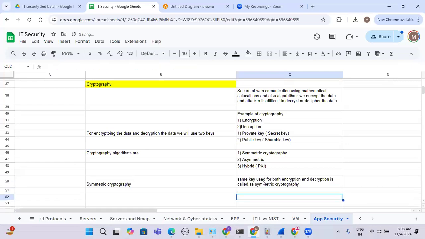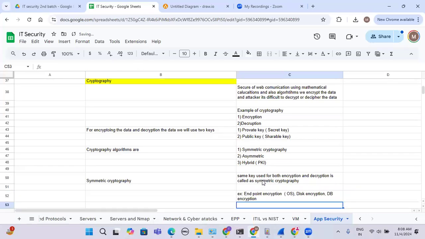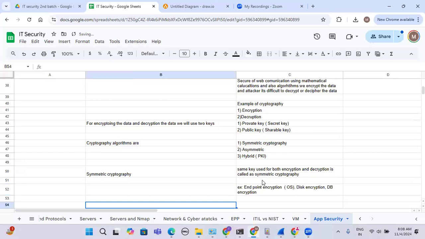So what are the advantages of symmetric cryptography now? For example, as I said, endpoint encryption. Let's think about voice encryption here, whatever we discussed under the endpoint security, and also disk encryption and also database encryption. So now what are the advantages of the symmetric cryptography?